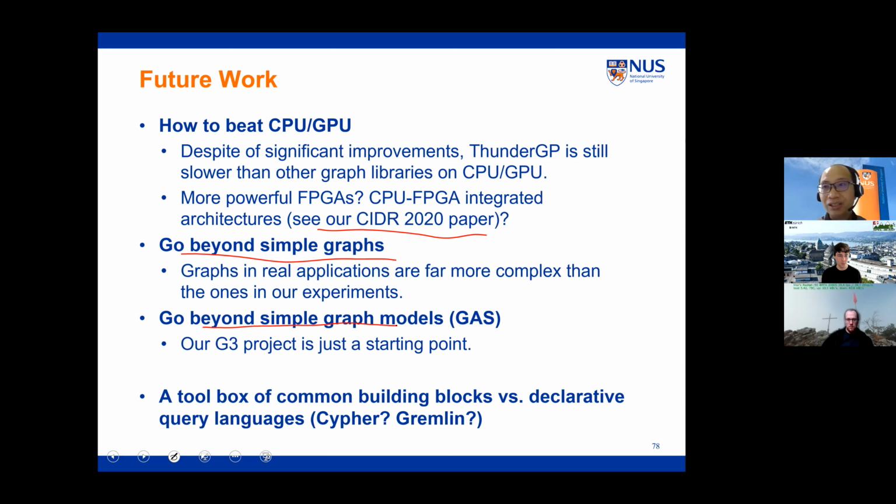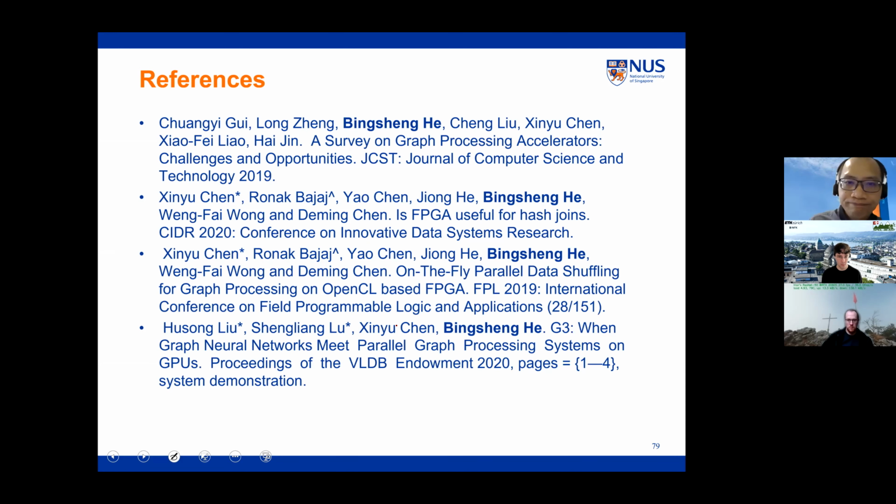As we see here, we rely on basic building blocks, but we do hope that we will have something like SQL. So we want declarative query languages like Cypher and Gremlin, but this is just a starting point. It's not ideal for many applications yet. So I think we still have a lot of interesting research that can be done there. Okay. So this is the reference. Okay, thank you.